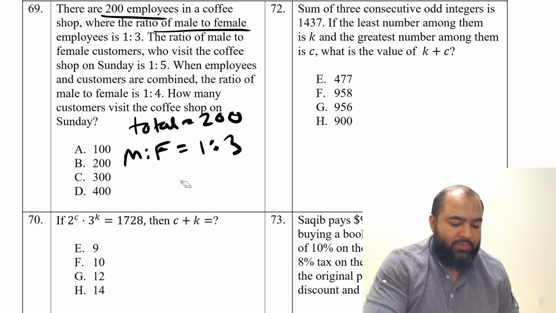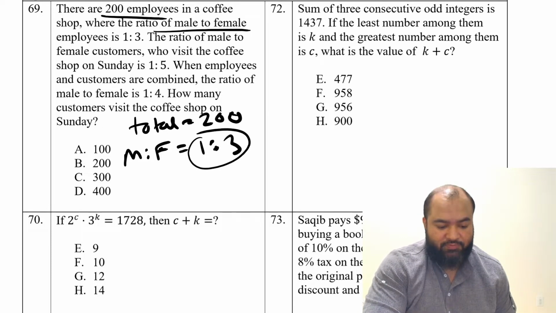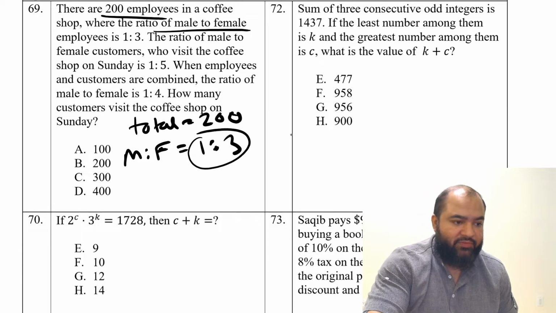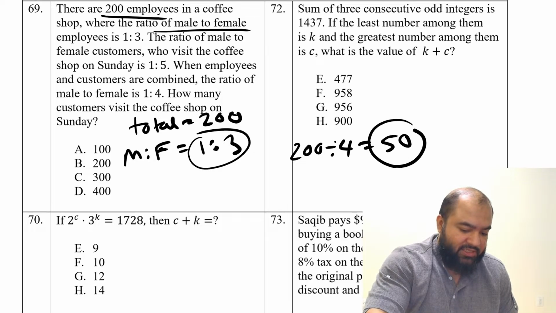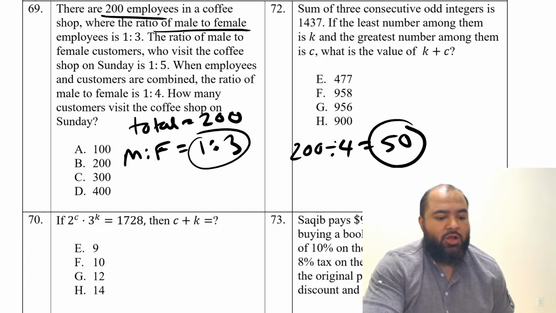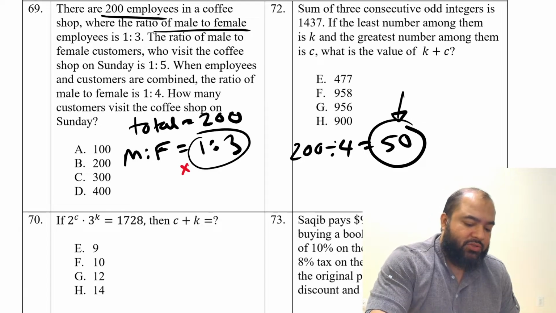So the shorter way would be, we add the ratio, 3 plus 1 is 4. I'm going to divide the 200 by 4. I get 50. This is called the scale factor, and we're going to multiply by 50. So times it by 50 here, times it by 50 here. So 50 to 150.